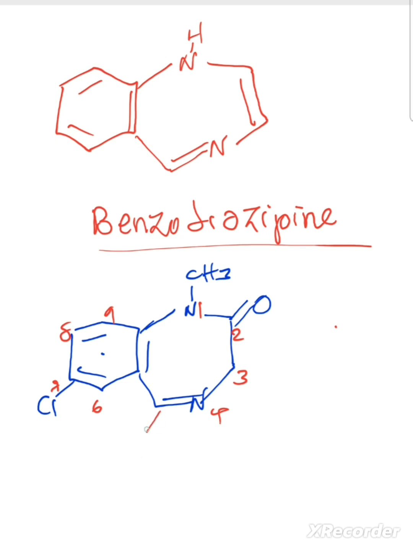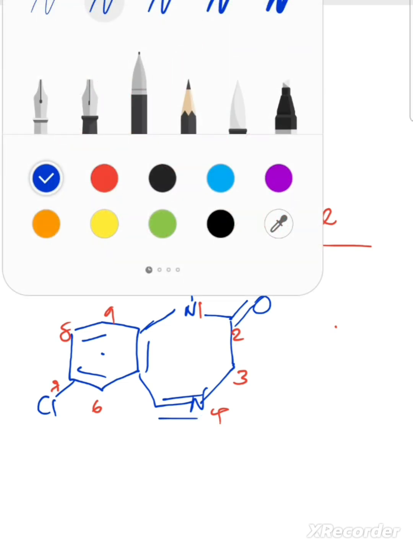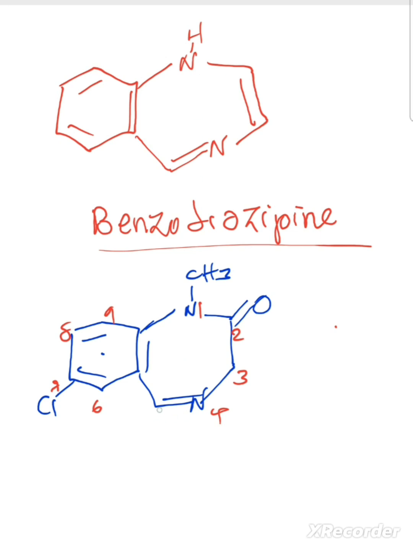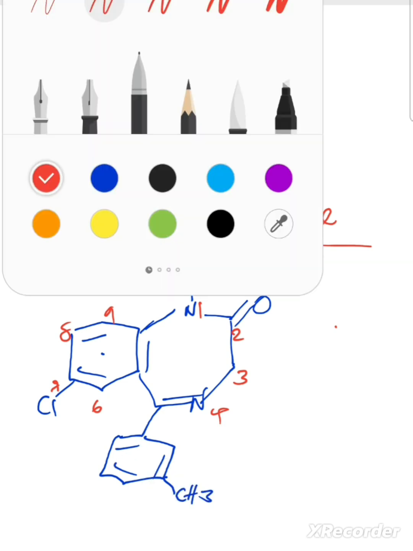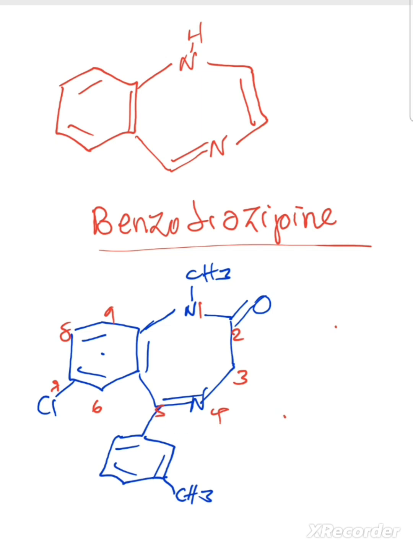interesting. Let me put a phenyl here. Okay, yeah. So here on this position there is phenyl there. Then it has got CH3. Okay, so as we know that this is on position 5. So when naming here, what are we going to do?